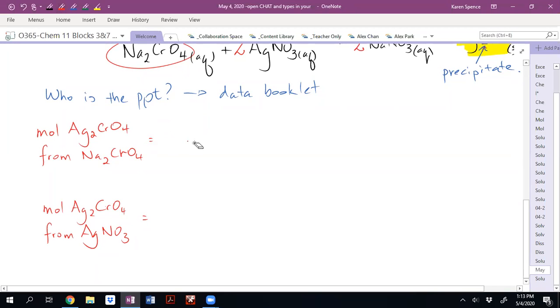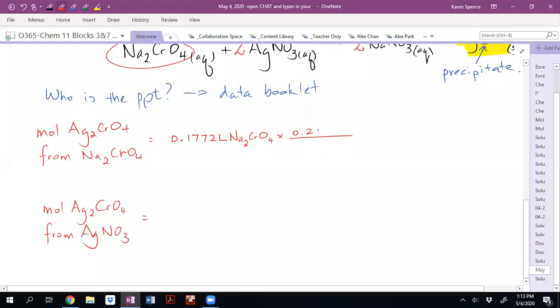Oops, I want to make that into liters. 0.1772 liters, and that's of our Na2CrO4 solution.